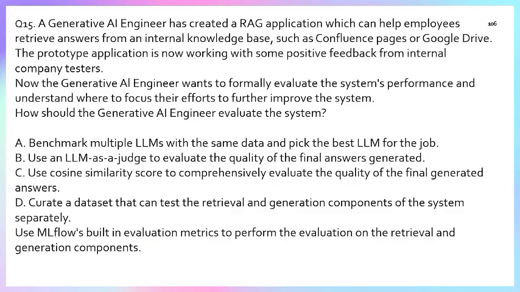Option C, cosine similarity, is used to check the semantic similarity of the generated answer to the ground truth, but again it only covers answer quality, not retrieval effectiveness. It's too narrow for our formal evaluation.